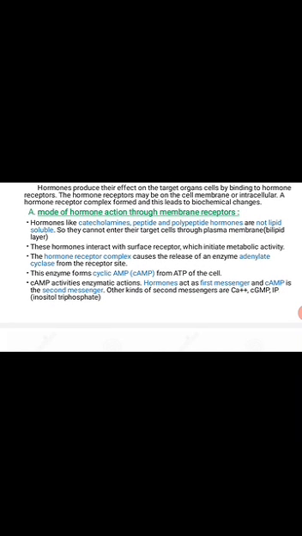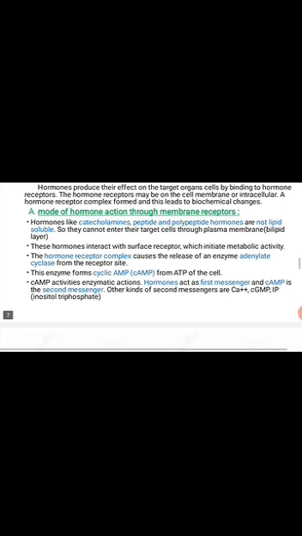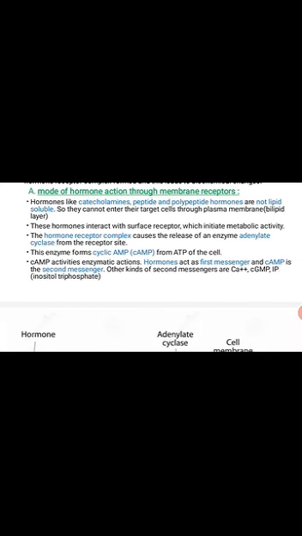The plasma membrane has two lipid layers. Since they are not lipid soluble, they cannot enter inside the target cell. So these hormones interact with the surface receptors.